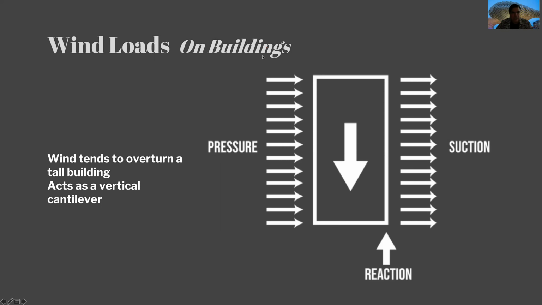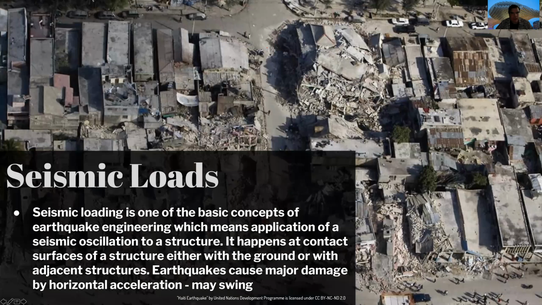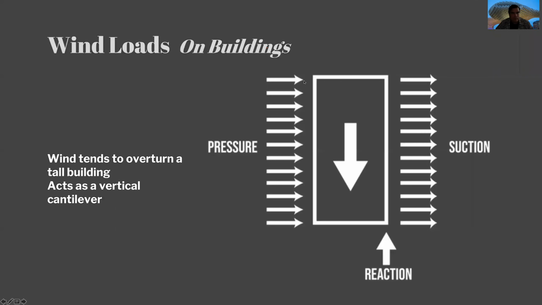We need to understand that, let me go back, this particular small load of wind applied at this point may not be so big, but imagine all these loads together in a very tall building.